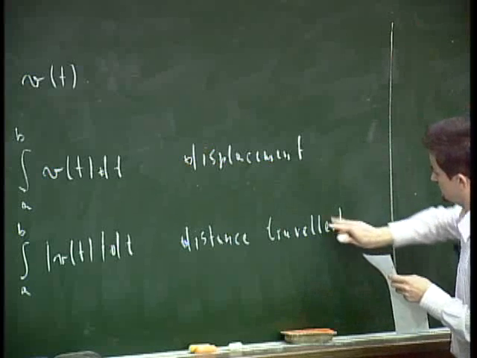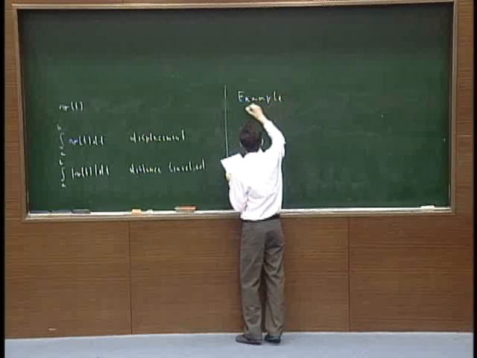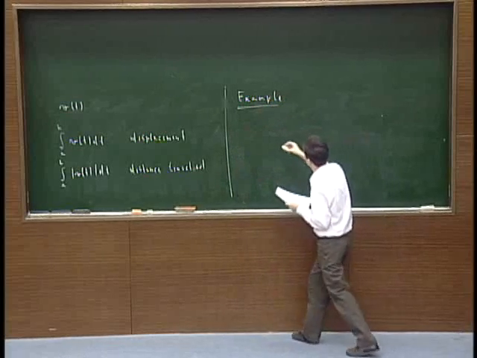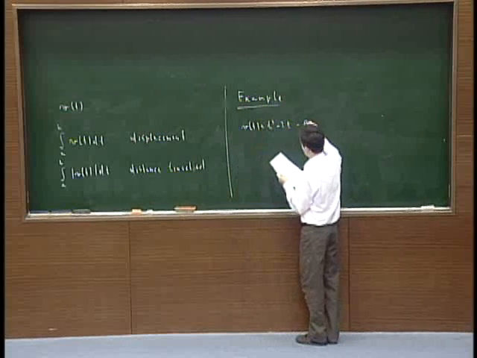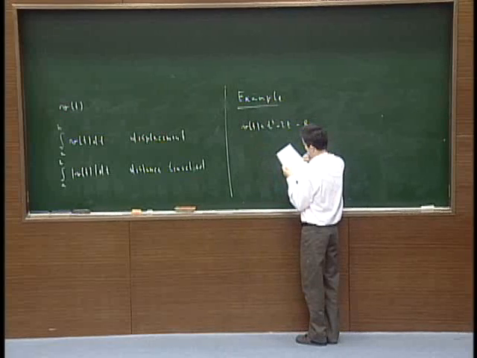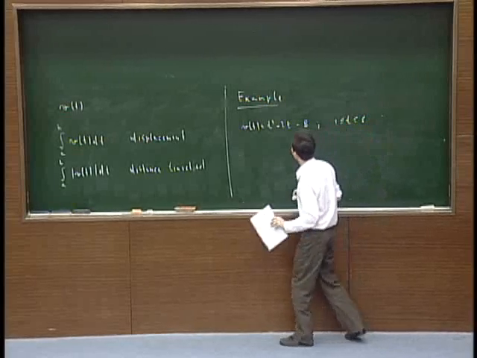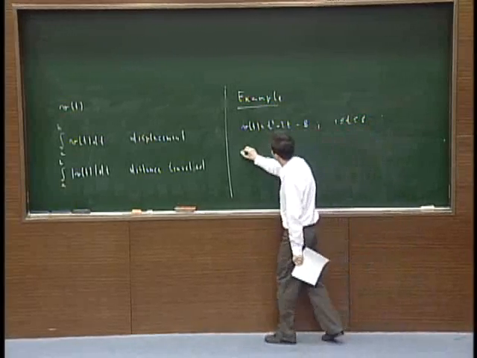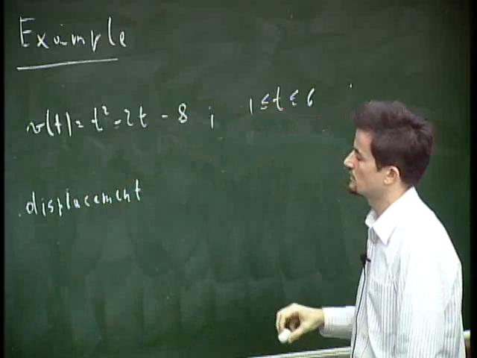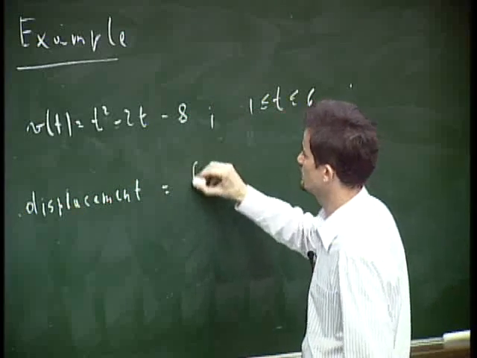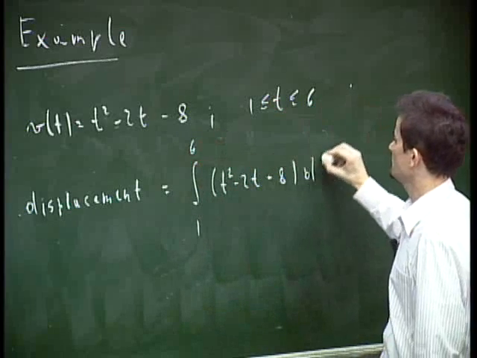Okay, let's do a simple example. This is just 1 minute. For instance, if you know that v of t is equal to t squared minus 2t minus 8, and you are interested in the time period from 1 to 6, and you want to compute the displacement, then you have to compute the integral from 1 to 6 of t squared minus 2t minus 8 dt.